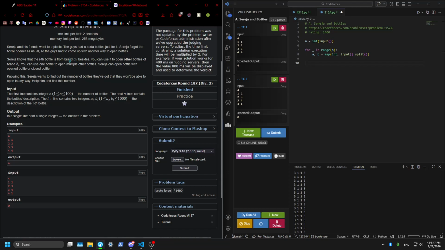So A_i is the brand of the bottle, B_i is the brand of bottles it can open. So A_i can open itself, basically. That's what it's saying.